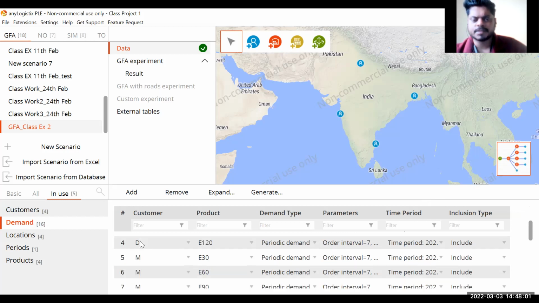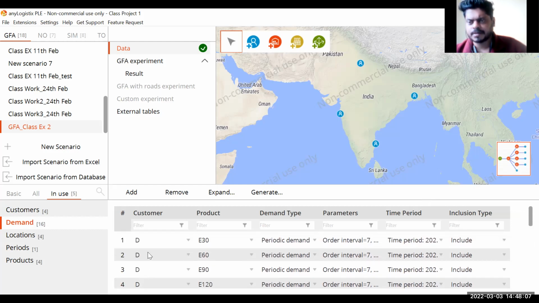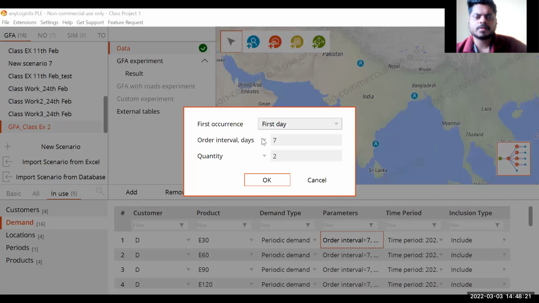So D means Delhi, M means Mumbai, K means Kolkata, and C means Chennai. So there are 16 demands, right? So from the Delhi customer for the E30 product. Delhi customer means this is your Delhi distributor or retailer, right? So the parameter is order interval, because I have told you a weekly order of 7 days. Then the quantity requirement is 2 for E30.